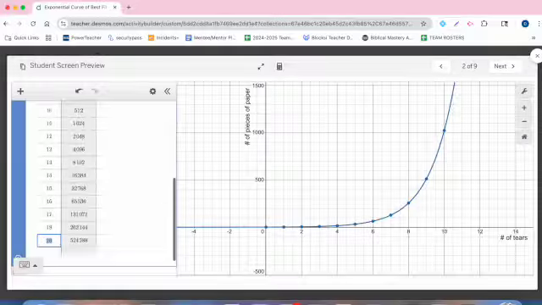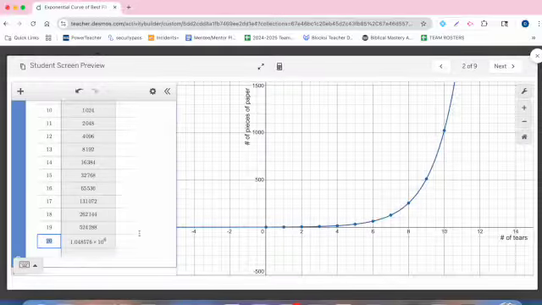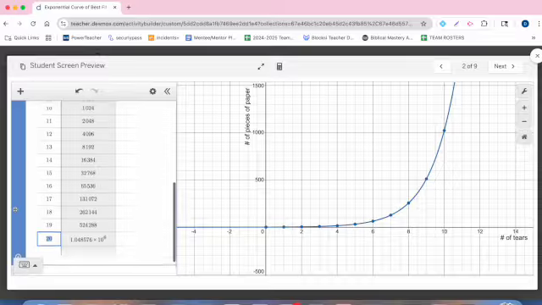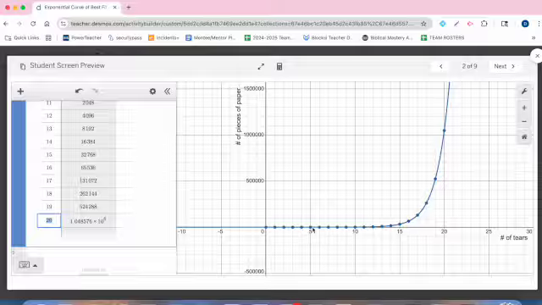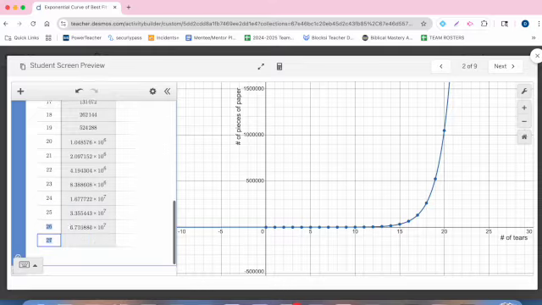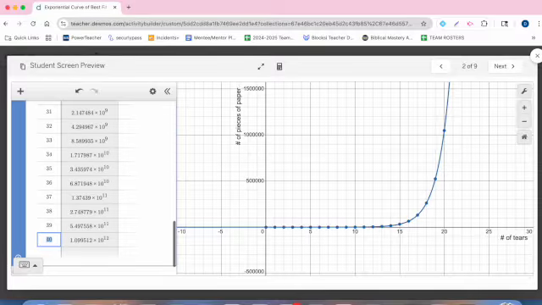And before you know it, by the time we've done it 20 times, we're already over 1 million pieces of paper. If I zoom it out and look at it, you can see again that the growth at the very beginning is super small. But as we go along, the growth gets huge really quickly, right? And so if we go all the way to 50, it's going to be absolutely enormous by the time we get to the end.